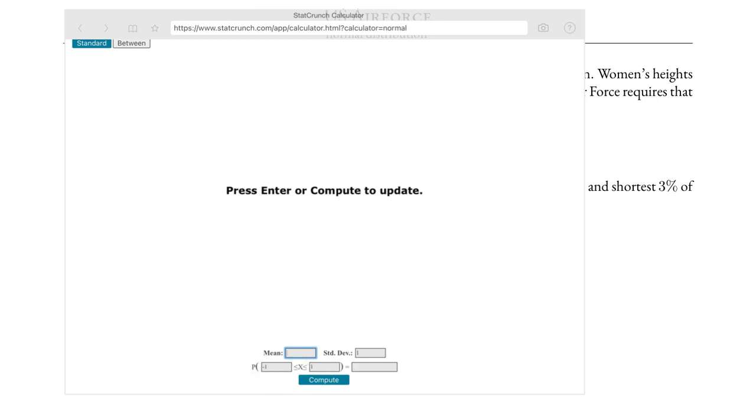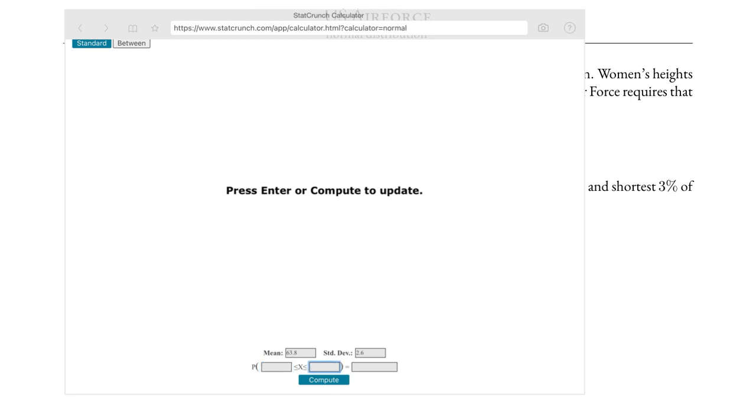We then input the values for the mean and the standard deviation. For woman's height, the mean is 63.8 and the standard deviation is 2.6. Make sure you clear out the box before you input these values.